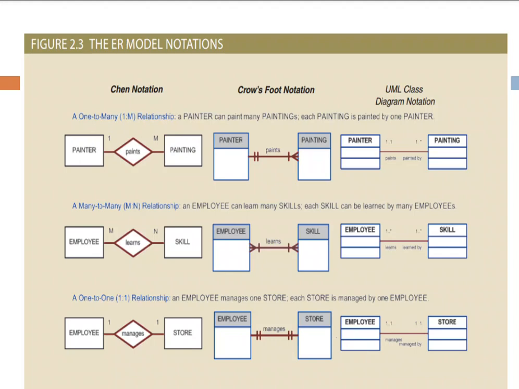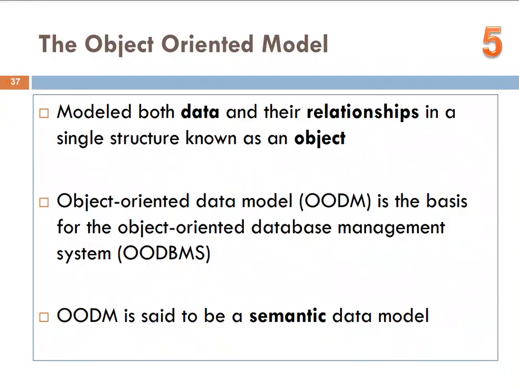Okay, next one. So far we have seen the hierarchical model, network model, relational model, entity relationship model, and now we have the object-oriented model. The object-oriented model models both data and their relationship in a single structure known as an object.